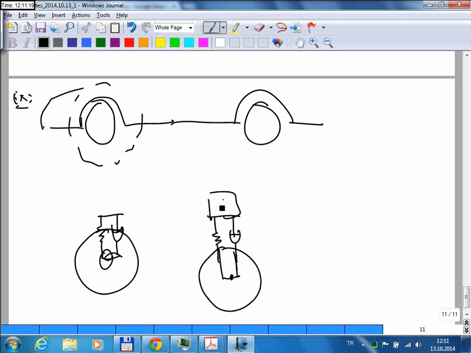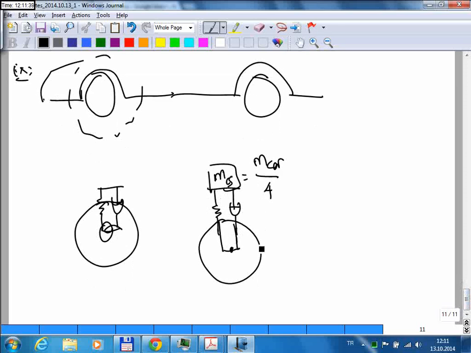Okay, so here this mass, we'll call this MS. So this is the mass of the entire car divided by 4. Since there are 4 wheels, the total mass is divided into 4. So this is an approximation. And then there's this wheel.